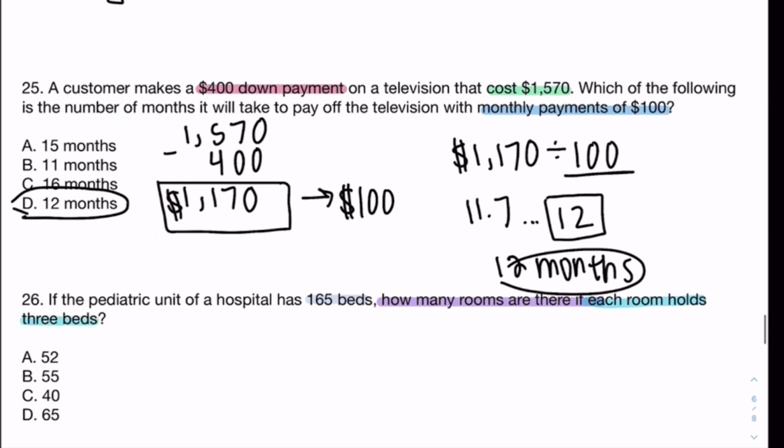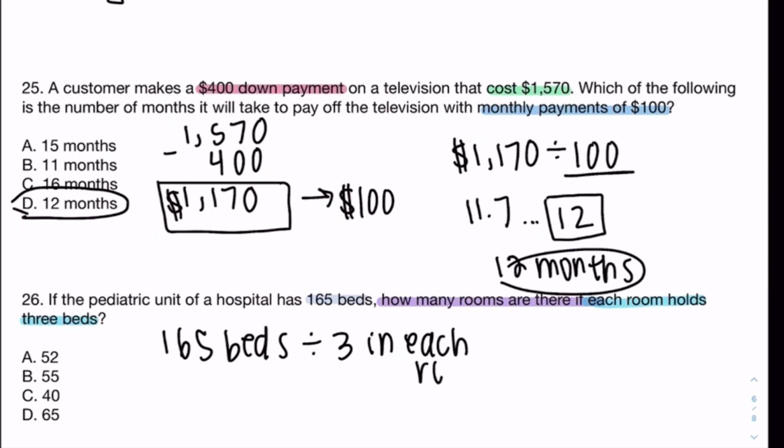Okay, so if we have 165 beds, well, we know 3 beds fit in each room. We're going to go ahead and divide that. So 165 divided by 3 is 55 rooms.